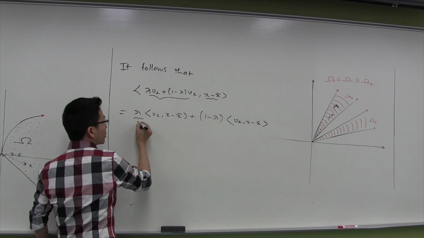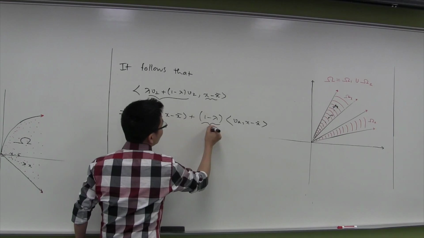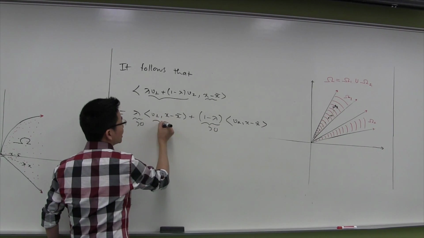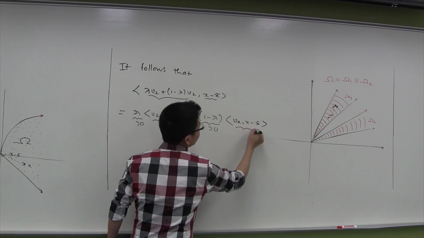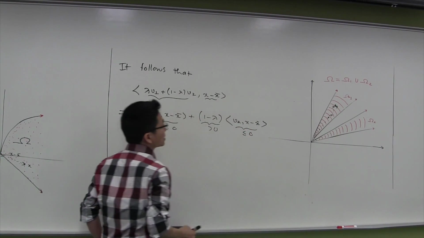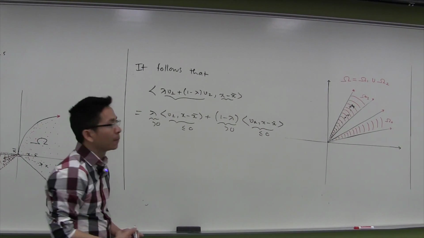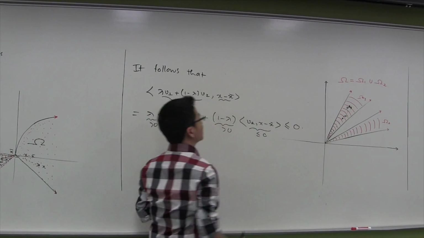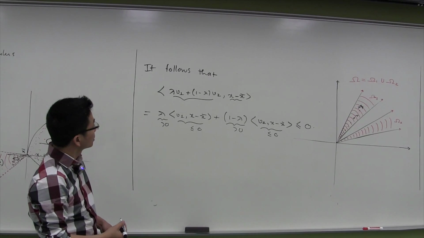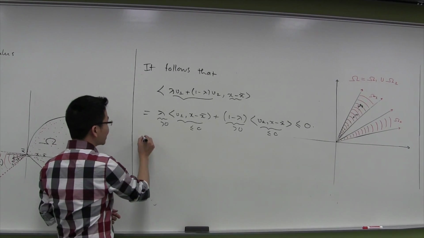This number is positive, this number is also positive, and this inner product is less than or equal to 0, and this inner product is also less than or equal to 0. So this inner product is less than or equal to 0.